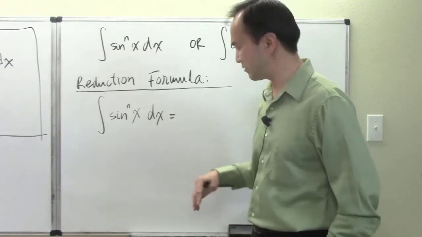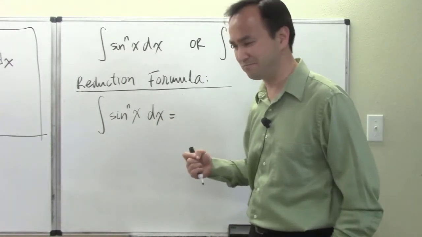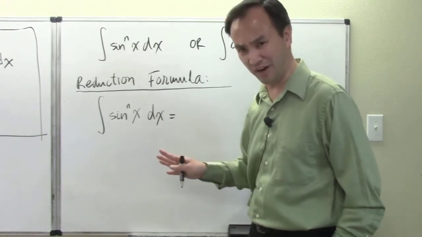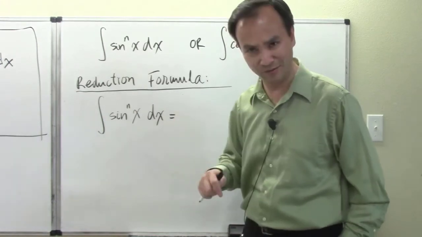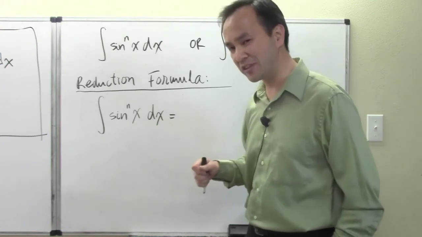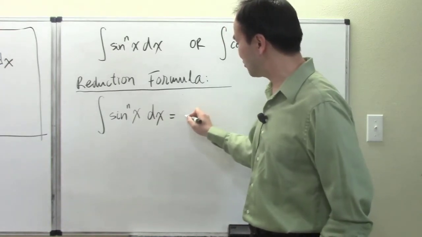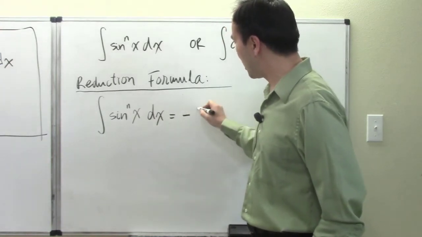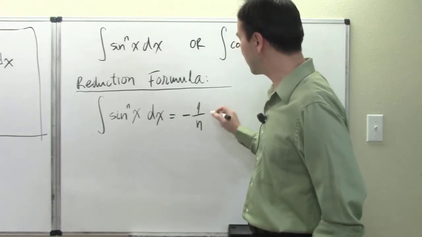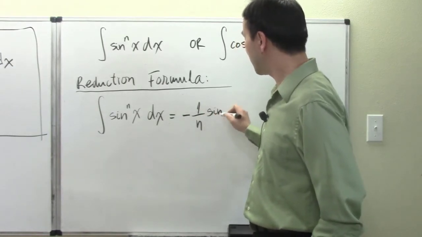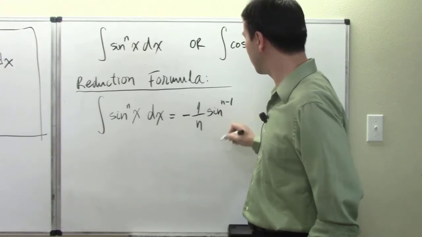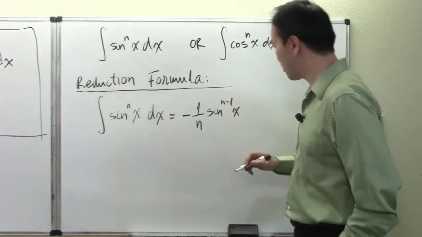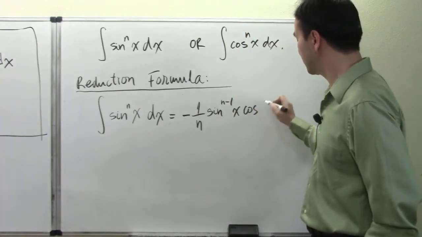And when it comes to formulas, I tend not to memorize them. So anytime it's about a formula, I always have to have a reference page to remind myself. So it's negative 1 over n times sine to the n minus 1 of x times cosine of x.